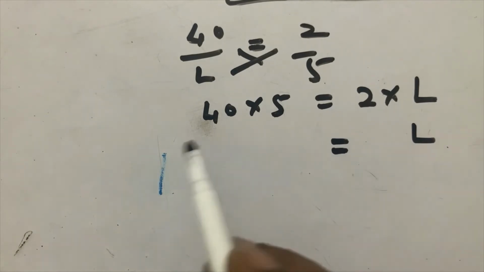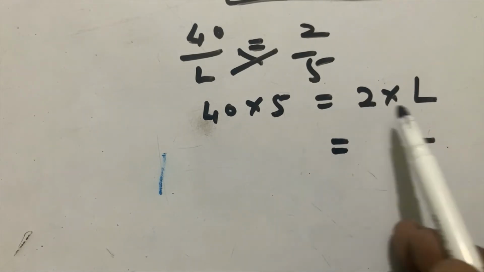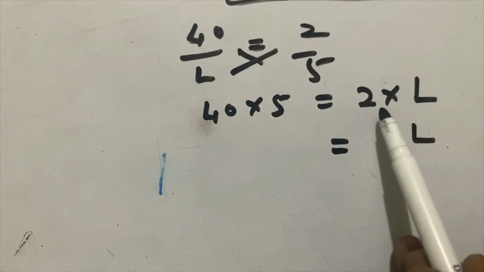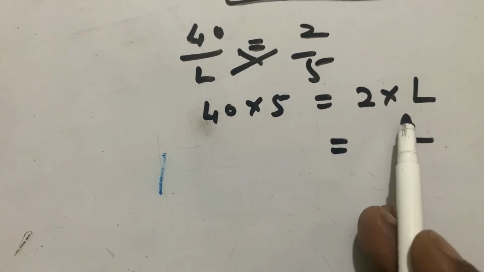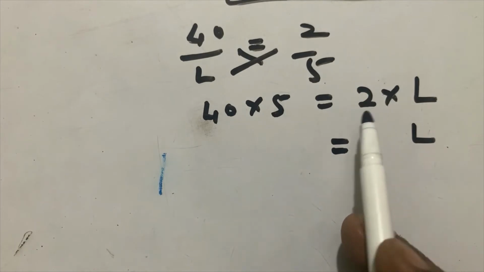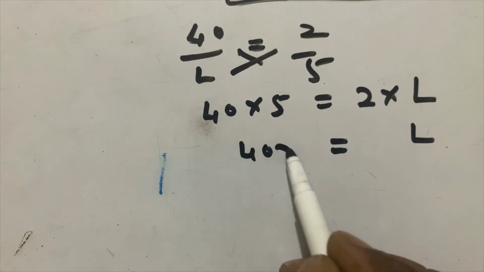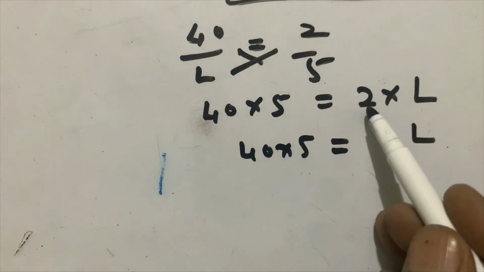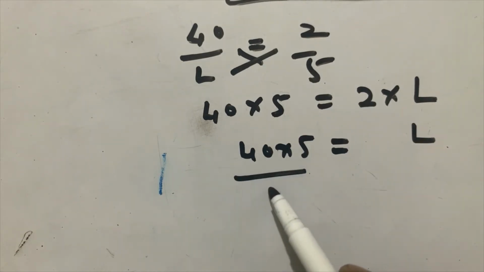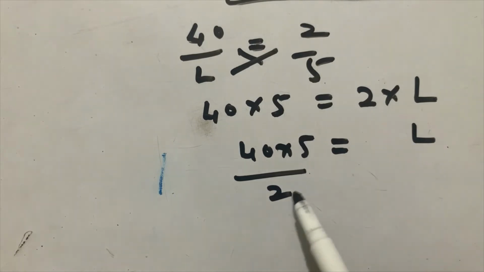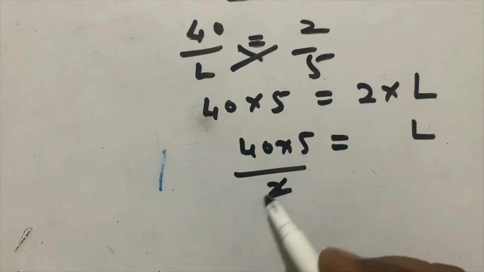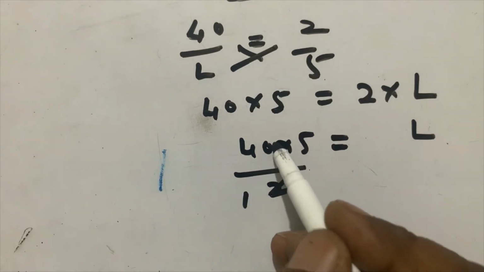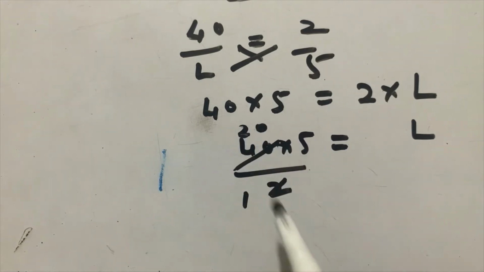The 2 is multiplying by length on the right hand side, so when it goes to the left hand side it will divide 40 into 5. Now value of the length: 2 ones are 2, 2 twos are 4, 0.